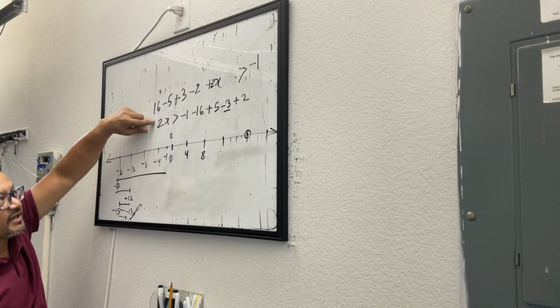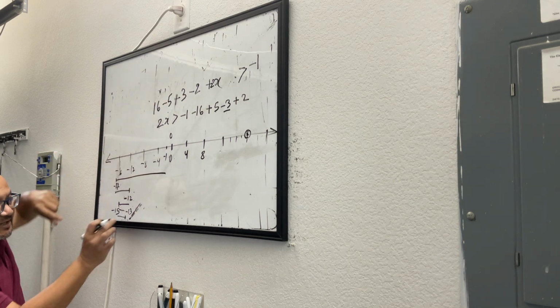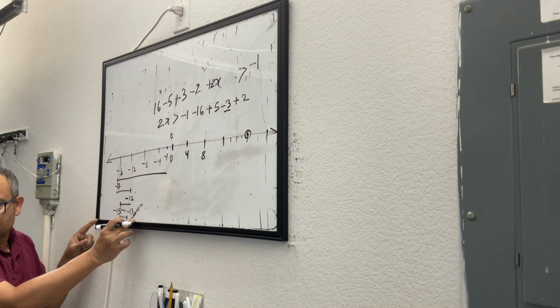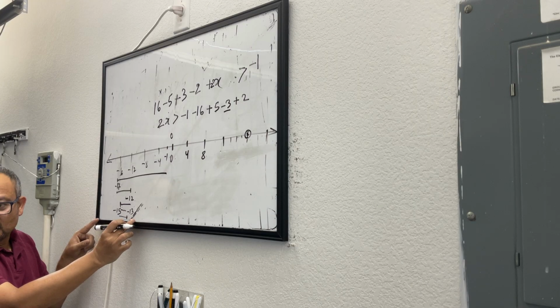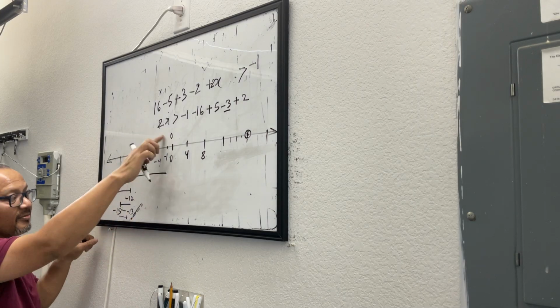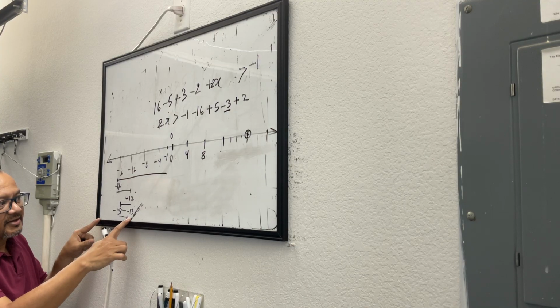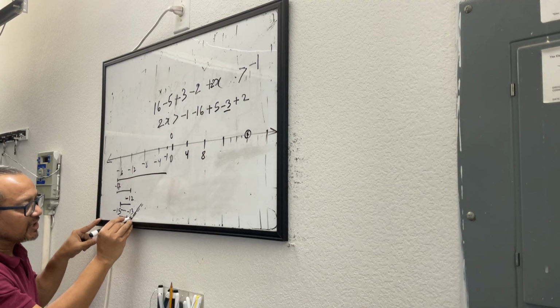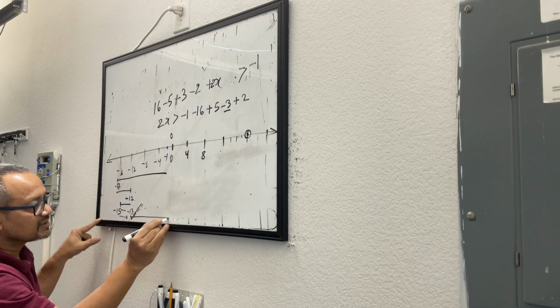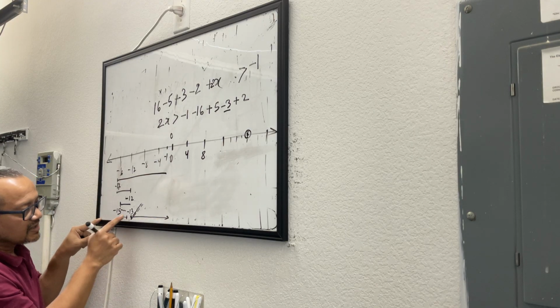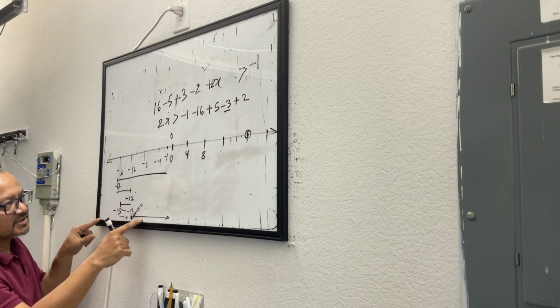Now what does it say? 2x is greater than minus 13. Okay? So I'm talking about any point which is beyond this.